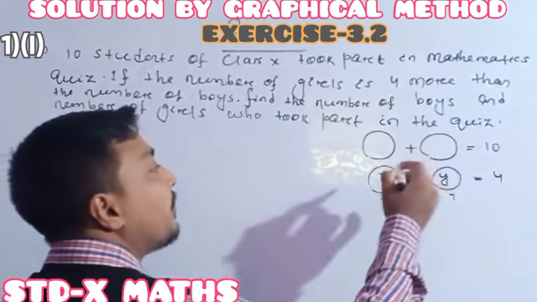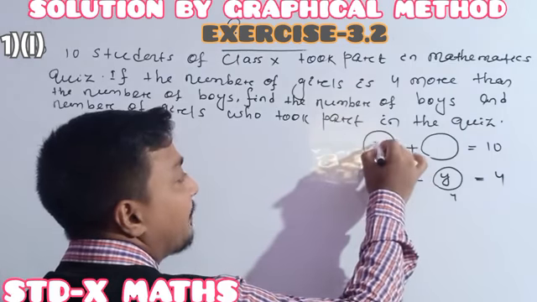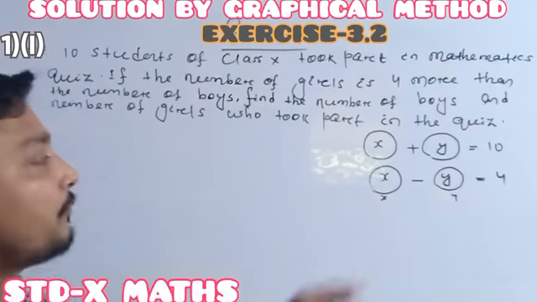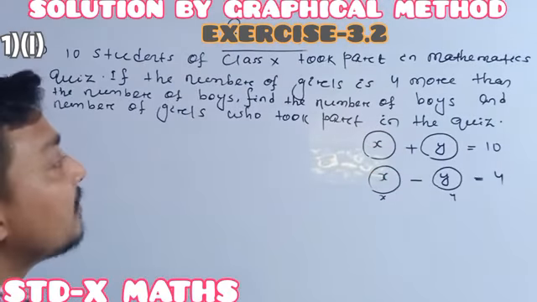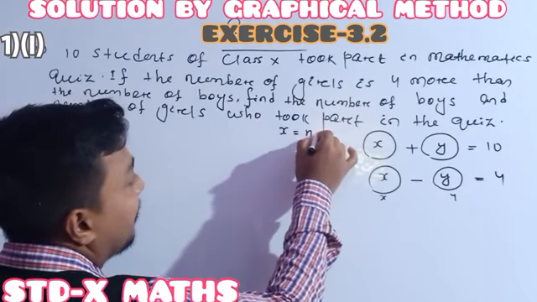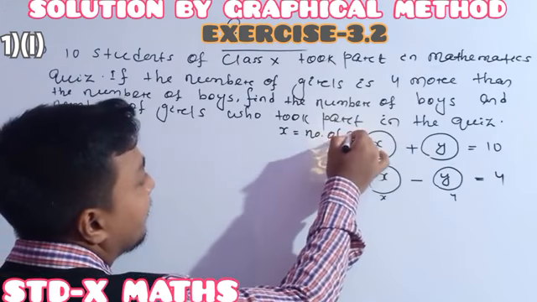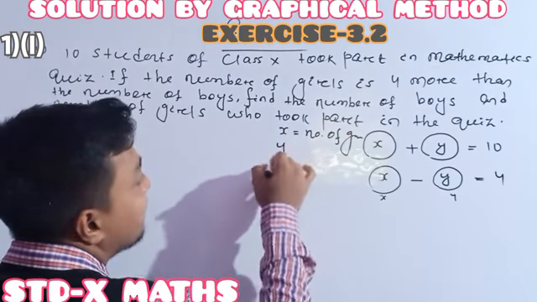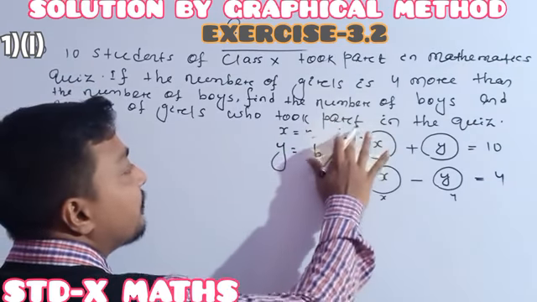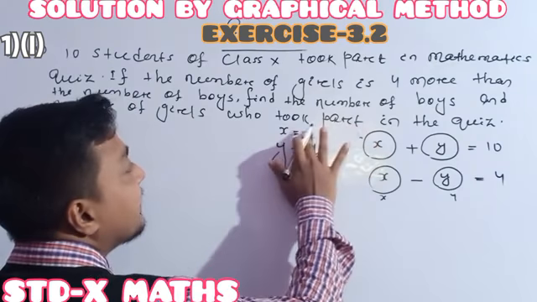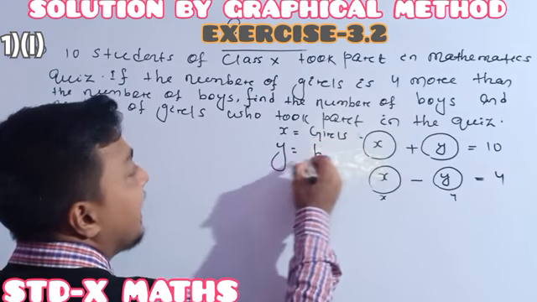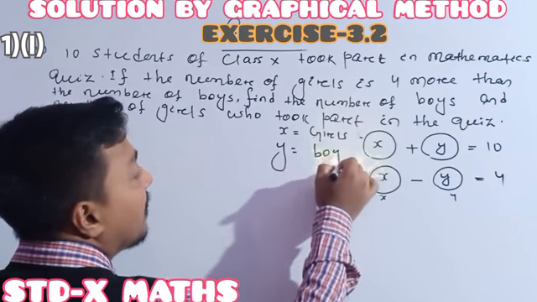So it means boys plus girls, but here I am writing girls first, then boys. But before formulating all these, you must write x is equal to number of girls, y is equal to number of boys.